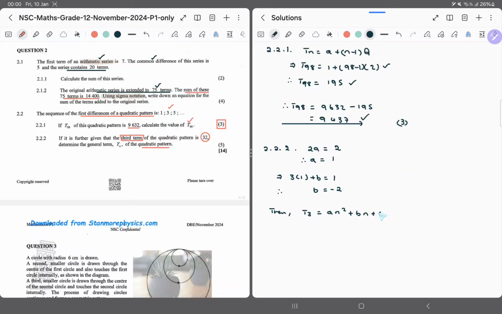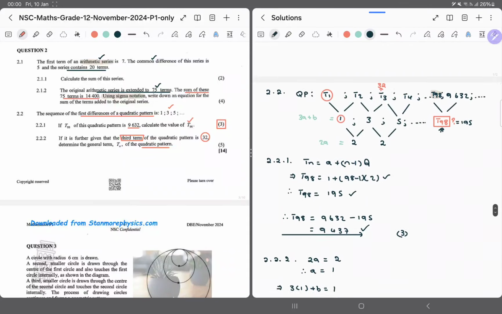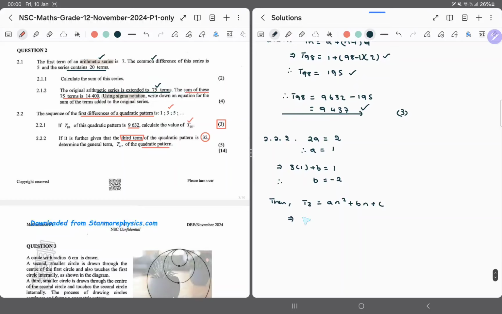Okay, this is the general quadratic pattern, which will imply that T3 we were told is 32, a we found is 1, now this is n squared plus b we found out it's minus 2, and plus c. So this is it. Oh, sorry guys, I'm making a meal now. N is 3, so because this is T3, right?